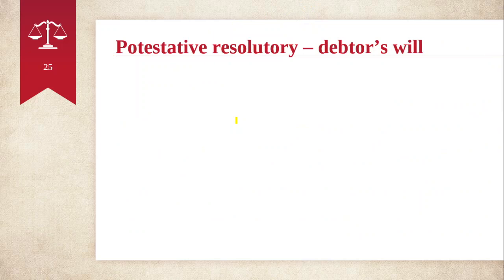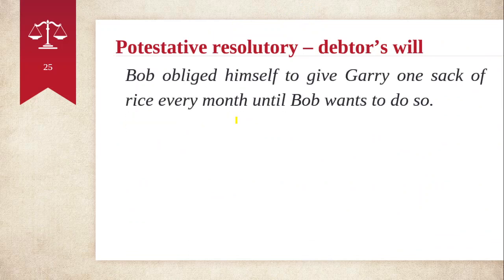Let's talk about potestative resolutory. Bob obliged himself to give Gary 1 sack of rice every month until Bob wants to do so. Bob here is the debtor. Ano yung obligation niya? To give Gary, who is the creditor, 1 sack of rice every month until gusto niya.